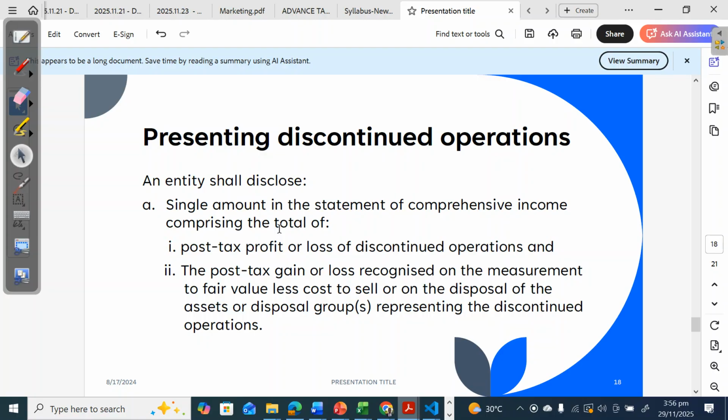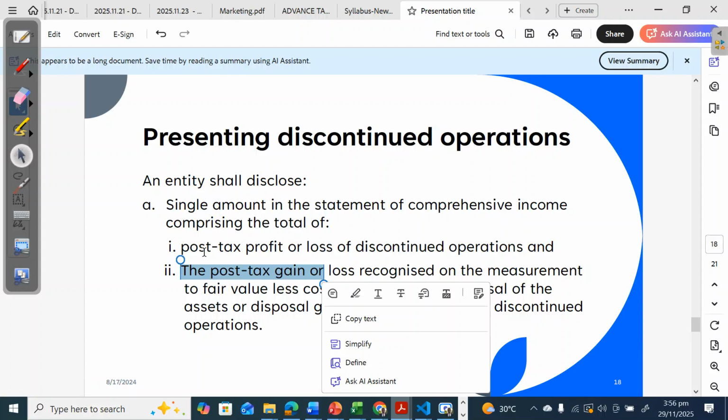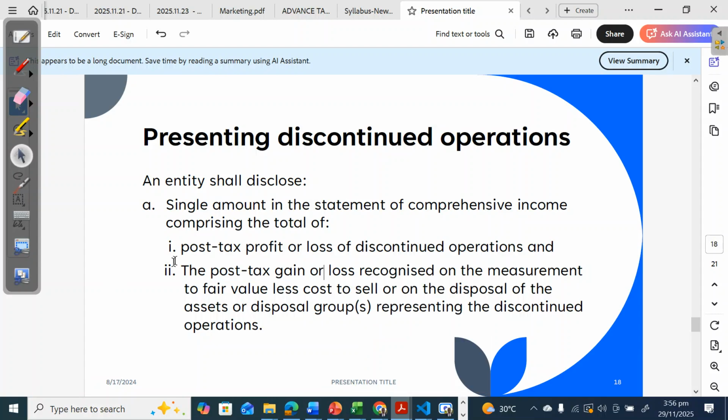Whenever you sell an asset, you either make a profit or a loss on disposal. So the two components are the profit for the period and the profit or loss on disposal. You need to determine these two figures.